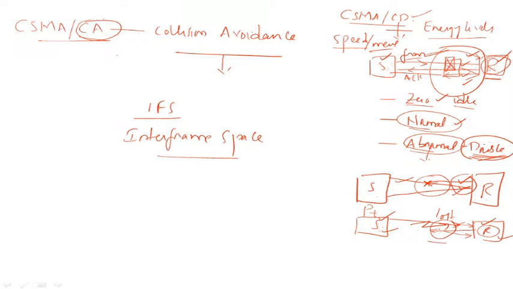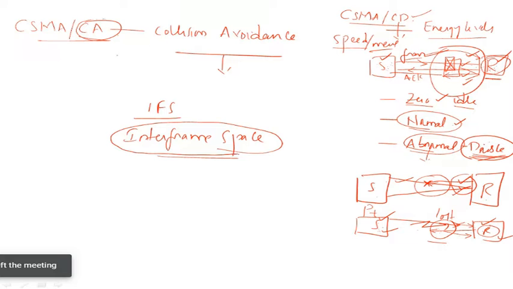But to avoid collision, the source station is going to send one frame to the receiver station, which is called the interframe space. The interframe space is nothing but some time interval sent from the source station to the receiver station, so that this amount of time is waited by the receiver station. Why?